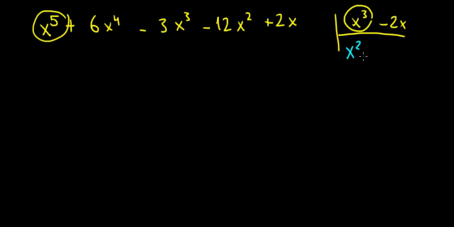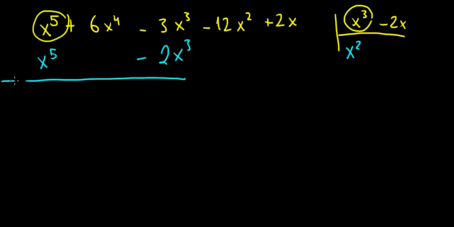Now we multiply this back into these terms. x squared times x cubed, that's equal to x to the power of 5. x squared times minus 2x, that's equal to minus 2x cubed. So let's write it underneath the x cubed term, so we can see it better. Now subtract. So x to the power of 5 minus x to the power of 5, that's just 0.